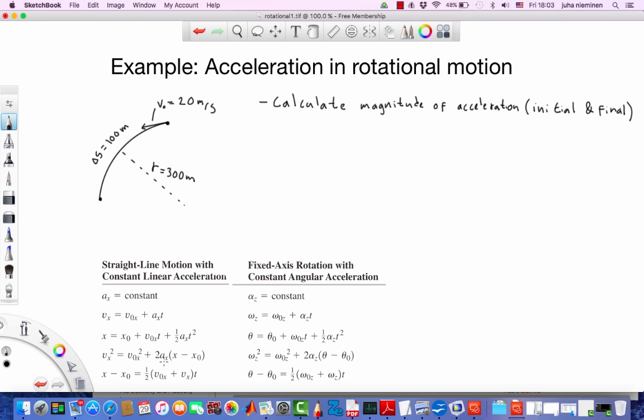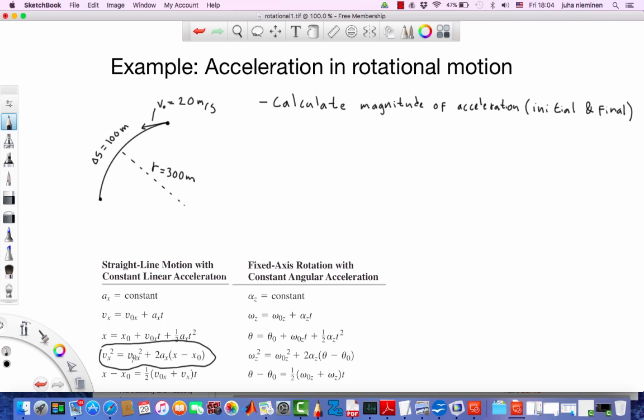And the acceleration in the tangential direction can be solved from what we have using this equation, because we know initial and final velocities, and we know the distance covered in that case. So we just solve for the a_x from here, or we just denote it as a_s because it's along the arc s.